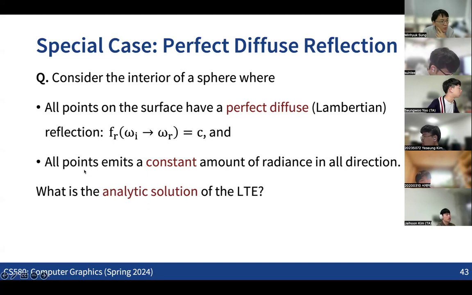Also, the big sphere is a light source, where all the points of the sphere emit a constant amount of radiance in all directions. So everything is constant, both the BRDF and the light emission. For this case, can you derive an analytic solution of the light transport equation? That's the question. We are just considering a special case where we can come up with an analytic solution of the LTE.